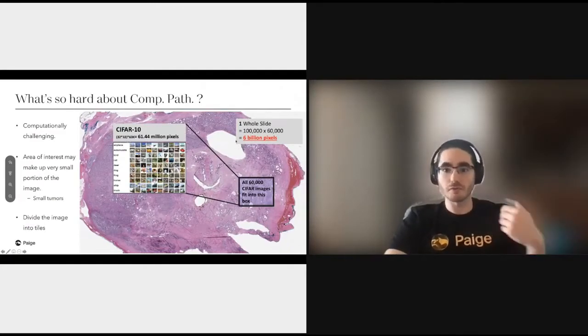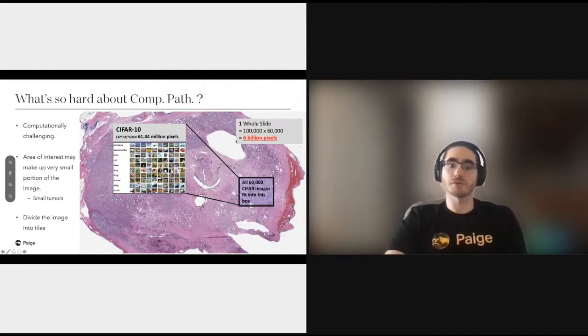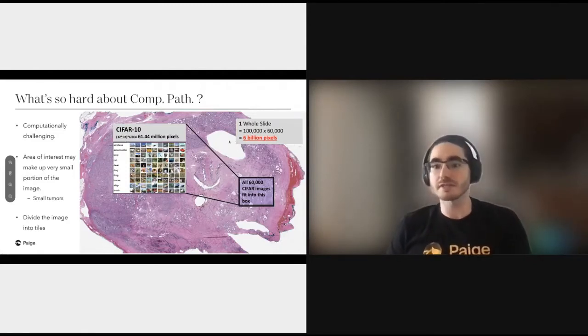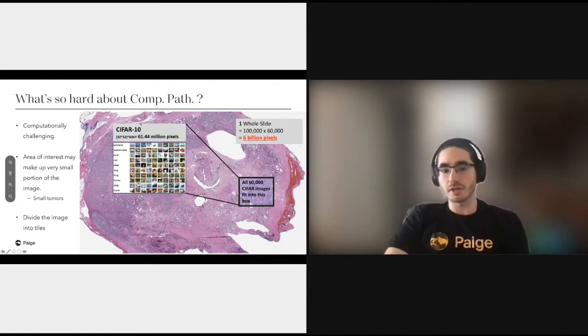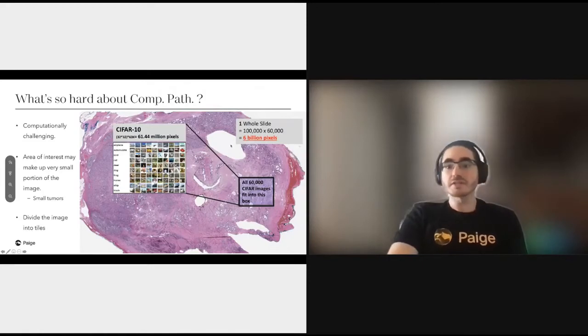So what is so hard about computational pathology? Why can't we just throw whatever we know from computer vision at this problem? The problem is scale. The typical digitized slide is around 6 billion pixels.